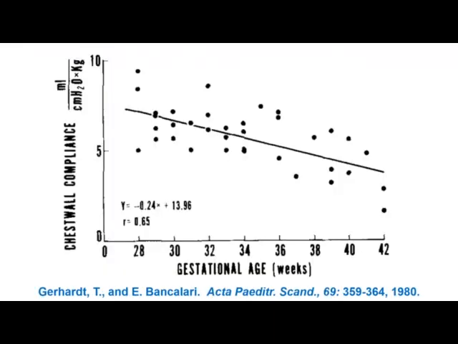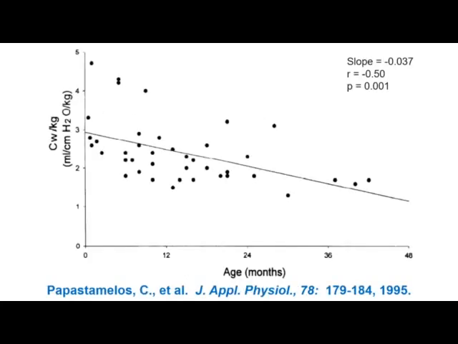So chest wall compliance, high compliance meaning less stiff, falls with gestational age, from prematurity to a couple of weeks post-term, over about this 3-month period. This shows chest wall compliance again in individuals from full-term birth out to 4 years of age. And again, you can see that it falls.